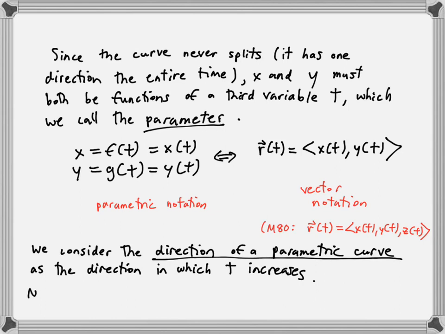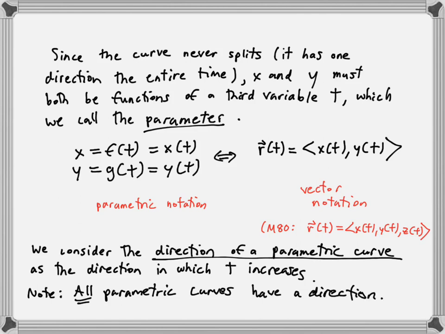And note, all parametric curves have a direction. So again, the way that you'll know which way they're moving is you could plug in two different t values, one small and one big, and then whichever way you've moved, that has to be the direction of the curve. Okay?